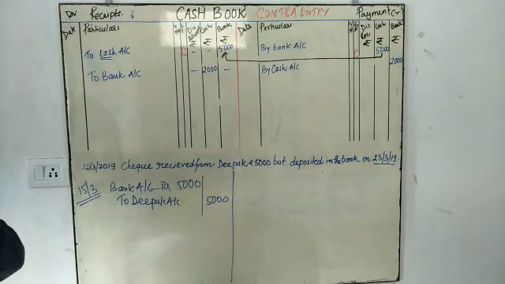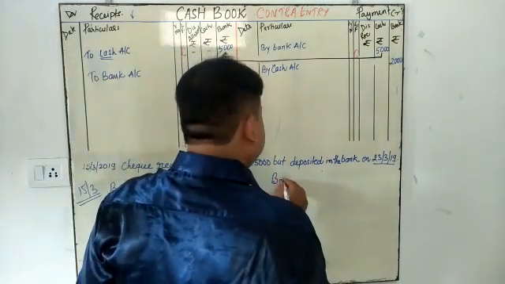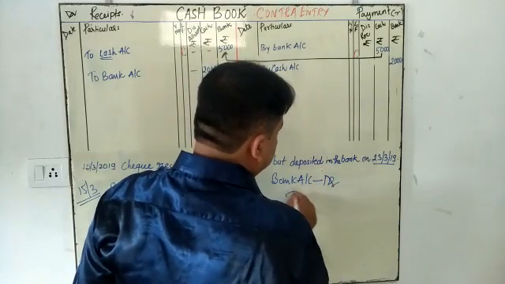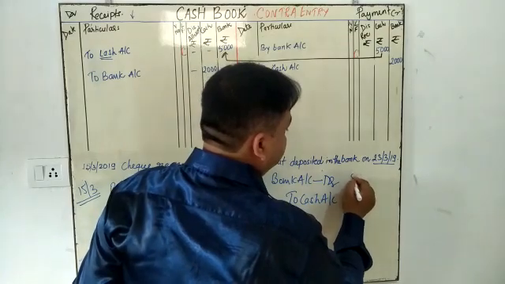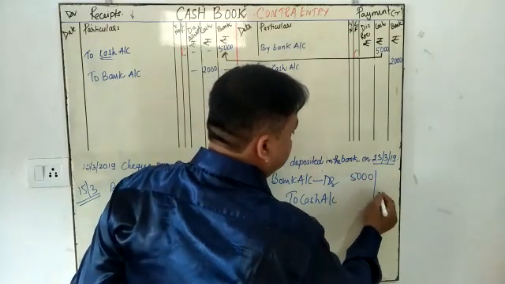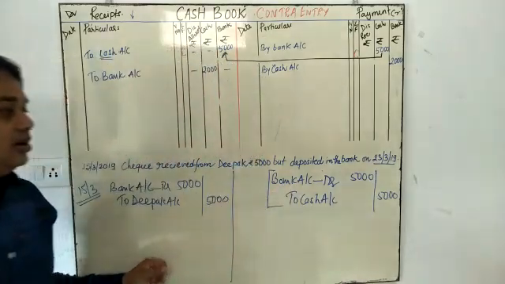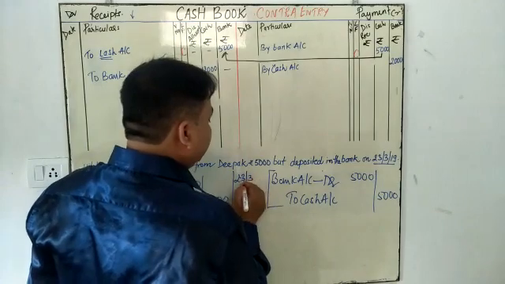Your bank is going to be increased. Okay, your check is going to be deposited, bank account debited to cash account. How much? 5000. This entry will be passed on 23rd March.